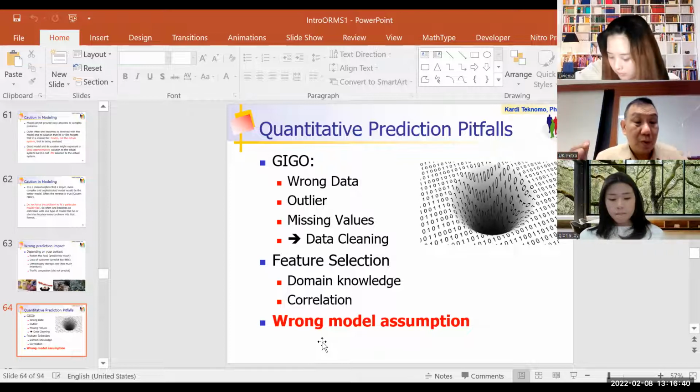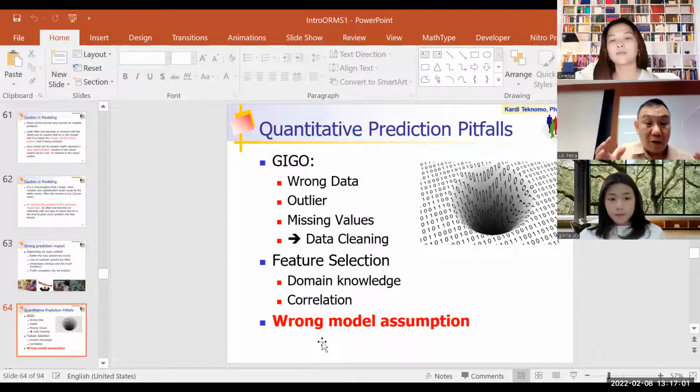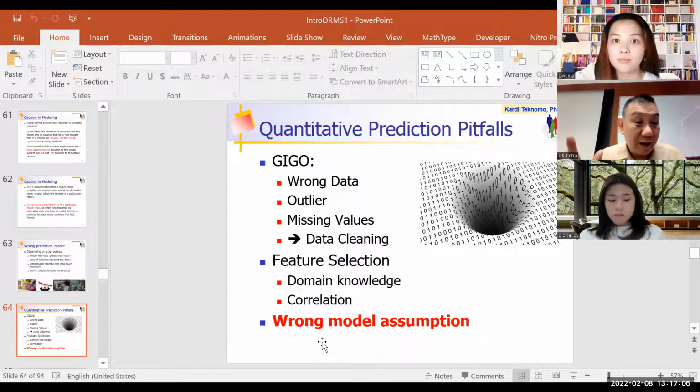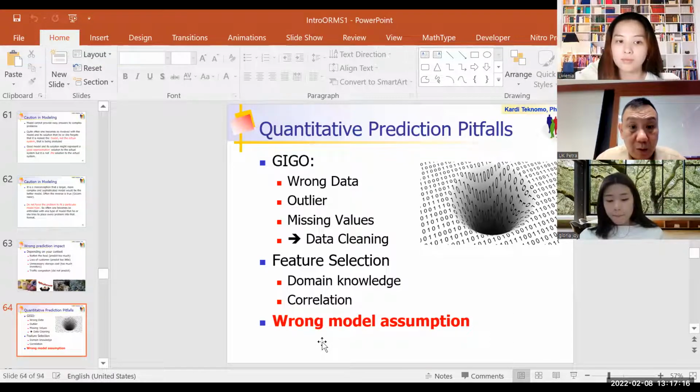If you are doing some consultation about biology, for example, then you bring in biologists. They are the domain expert. The domain expert will tell you which feature is plausible, which feature is actually workable, feasible.